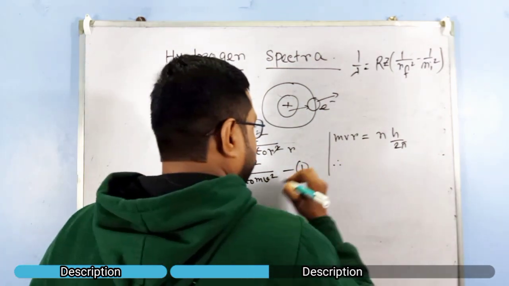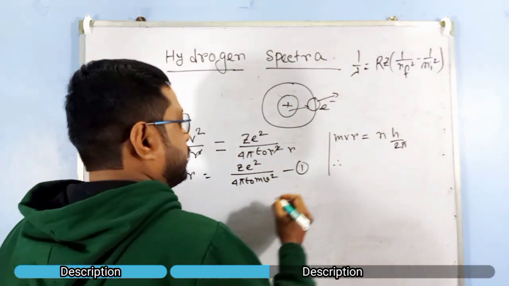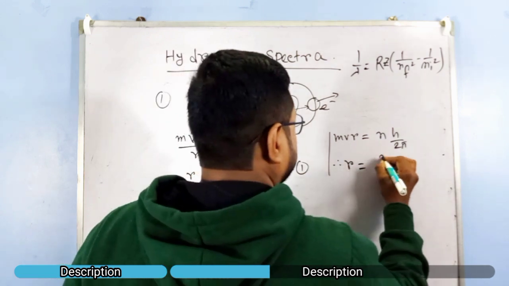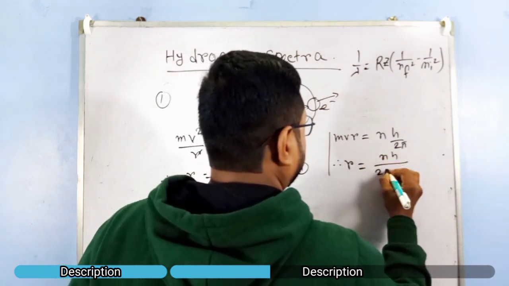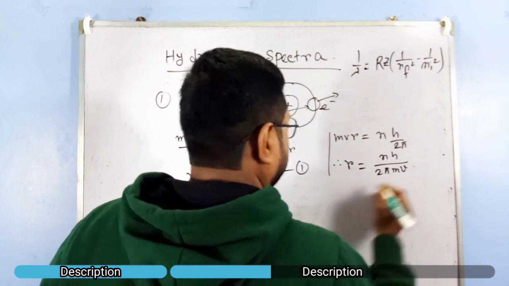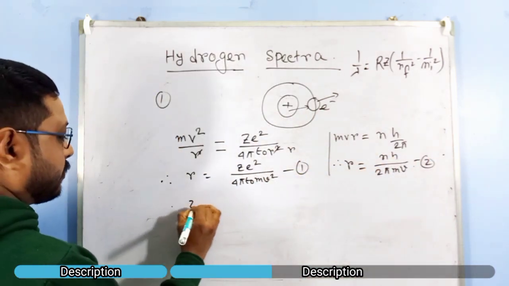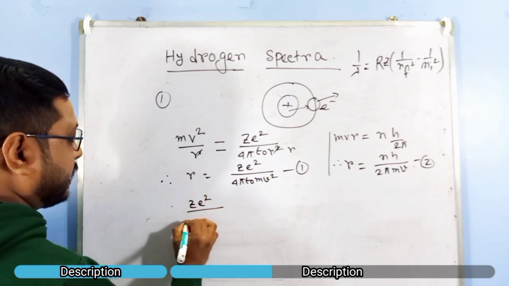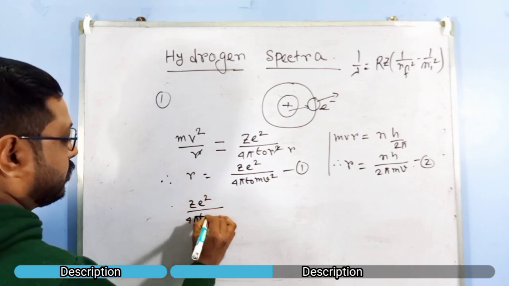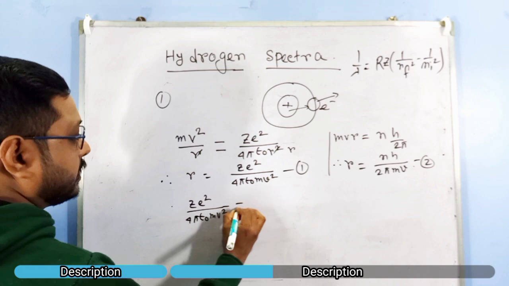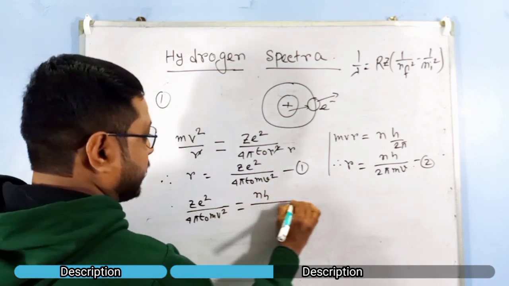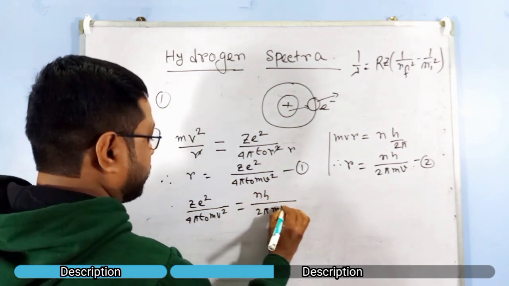So from this we can get the value of r, that is n h upon 2 pi m v. Now equate equation 1 and 2. Therefore, Z e square divided by 4 pi epsilon naught m v square is equal to n h by 2 pi m v.